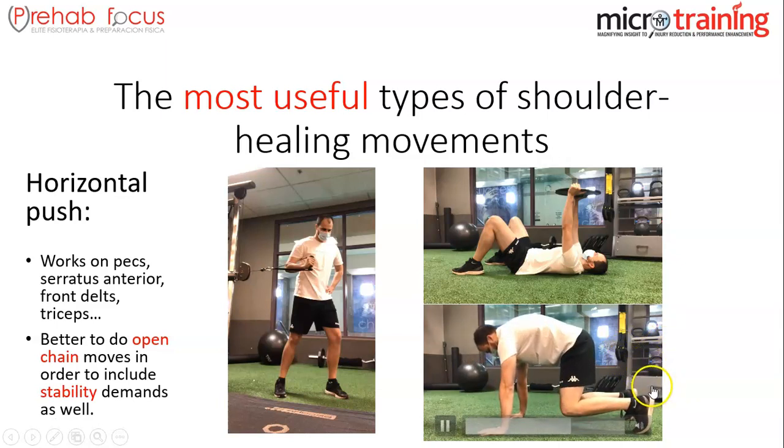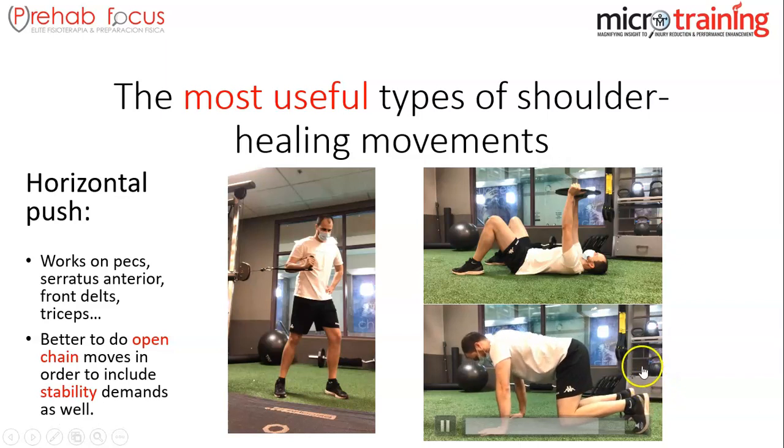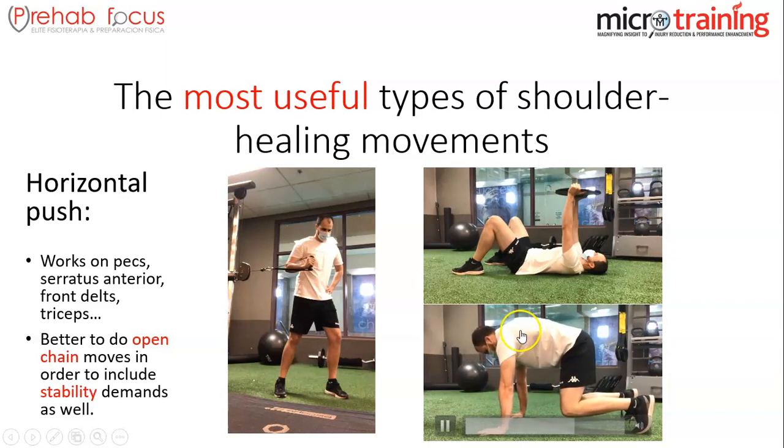This looks easy, but it's not an easy exercise, especially for beginners. Our cat-camel exercise with knees off the floor. So the main goal here is to protract the scapula, to exhale when we go up, and to let the scapula stick to the rib cage and move smoothly around it.